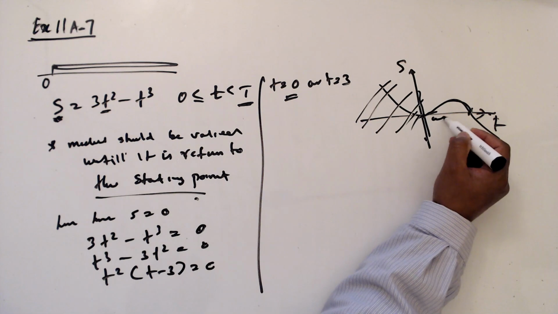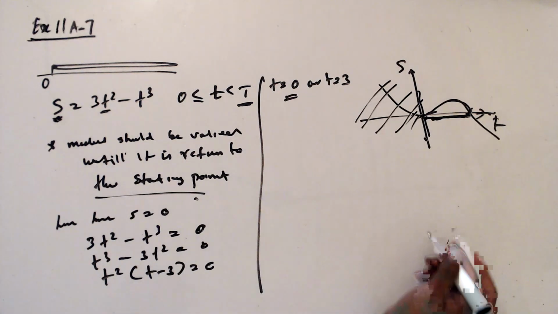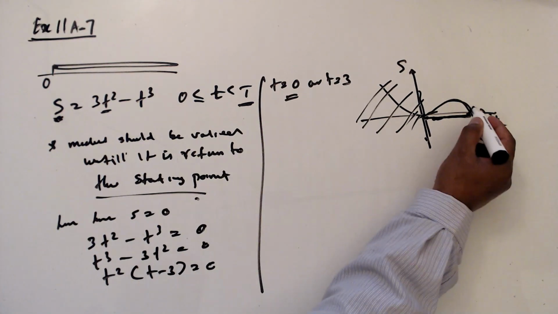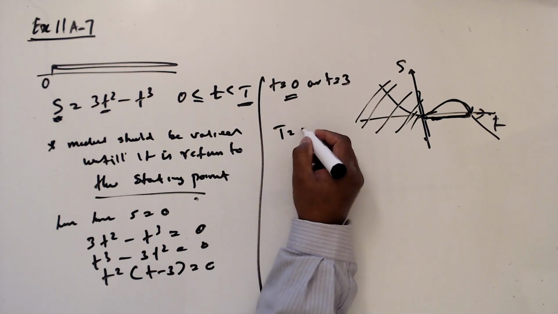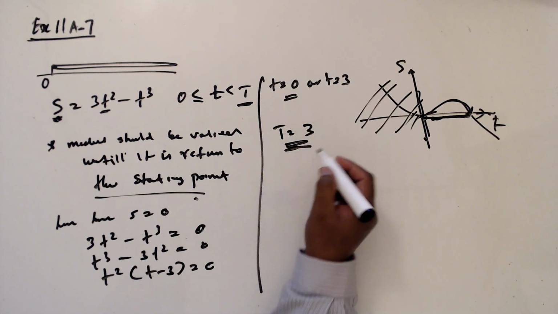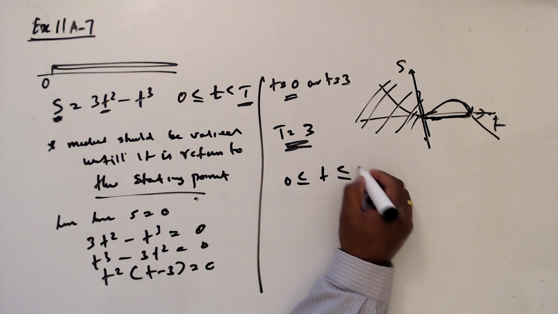So the model is valid in between this duration. One end is t equals 0 and the other one is t equals 3. So capital T has to be equal to 3, so 0 less than t less than or equal to 3.